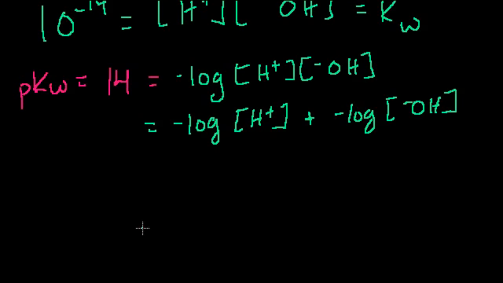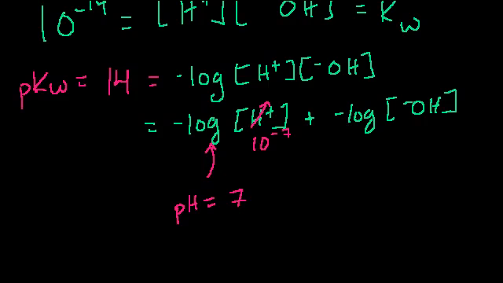And what is this? Well, this is just the pH, which is equal to the minus log. This is 10 to the minus 7, right? The log of that is minus 7. You have the minus in front, so this pH is equal to 7.